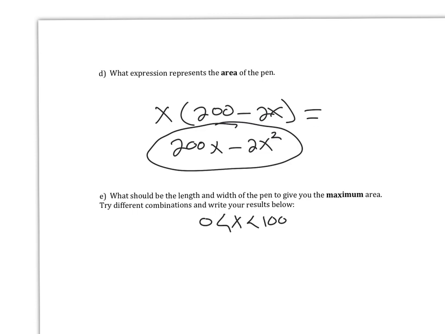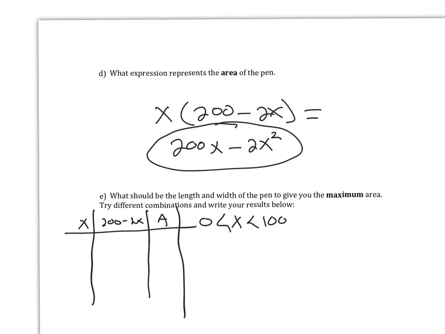Let's pick 25 for x. 200 minus 2x would give us 200 minus 50, or 150, and that would give us an area of 3750 units squared.